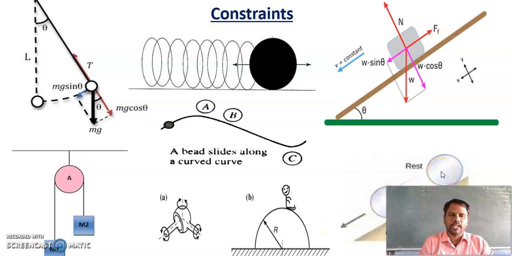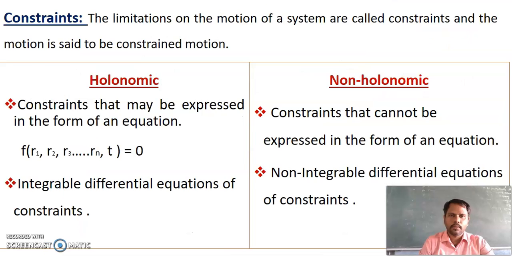Rolling without slipping is also an example of restricted motion. These limitations or restrictions on the motion of a system are called constraints, and the motion is said to be a constrained motion.